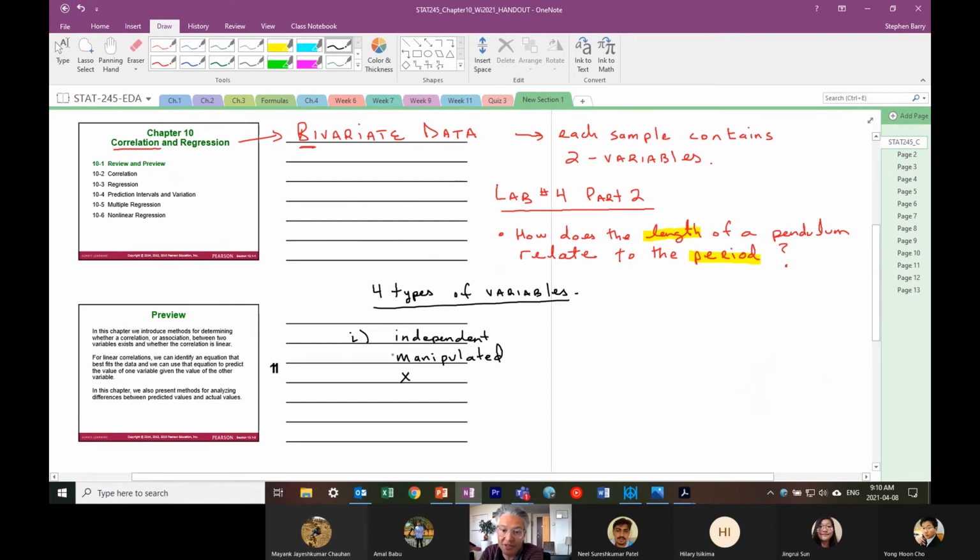So when you graph this data, make sure you have the length on the x-axis. It's the one you're going to change. When you read the protocol, what you're manipulating, you can't manipulate the period, you can manipulate the length. So in this case, this would be the length of the pendulum.